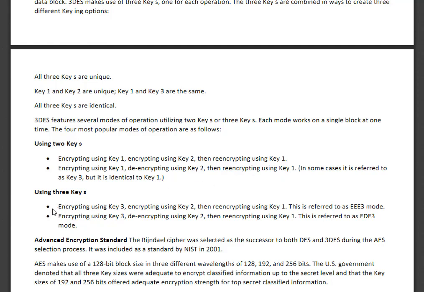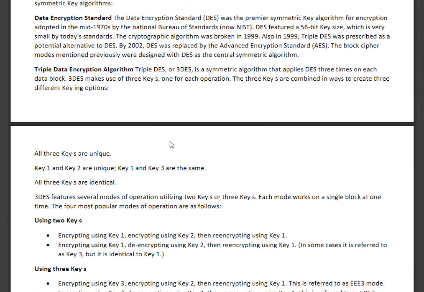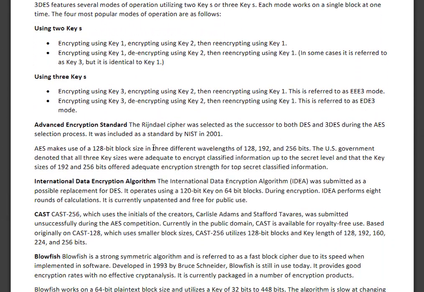If we're using 3 keys, it could be encrypted using key 3, encrypted using key 1, key 2, and then re-encrypted a third time using key 1. Alternatively, encrypted using key 3, decrypted using key 2, and re-encrypted using key 1. Like I said, triple DES is still in operation, but not as prevalent as it used to be.